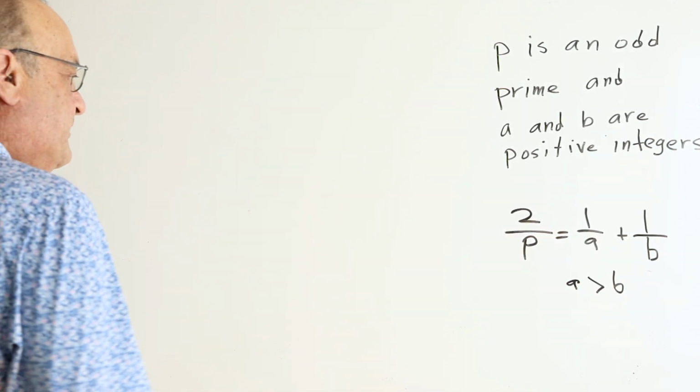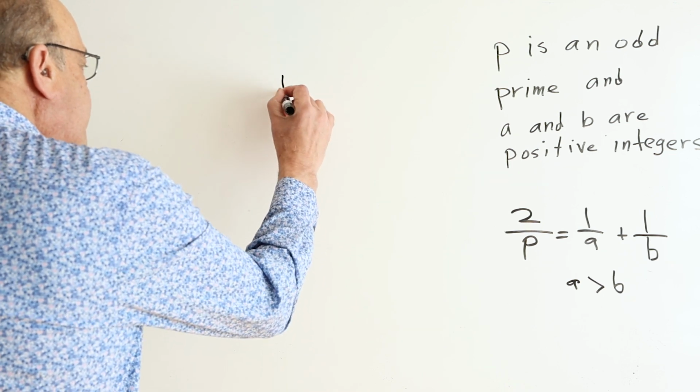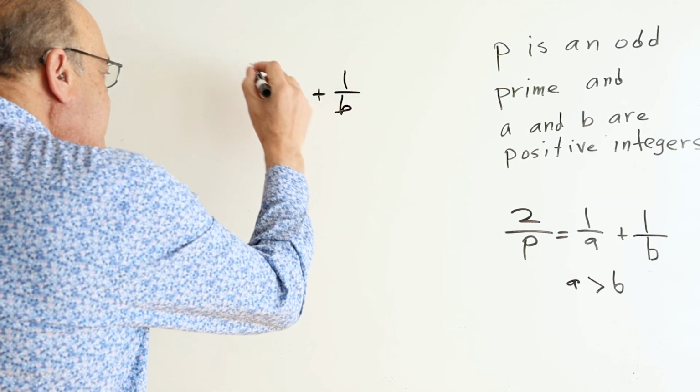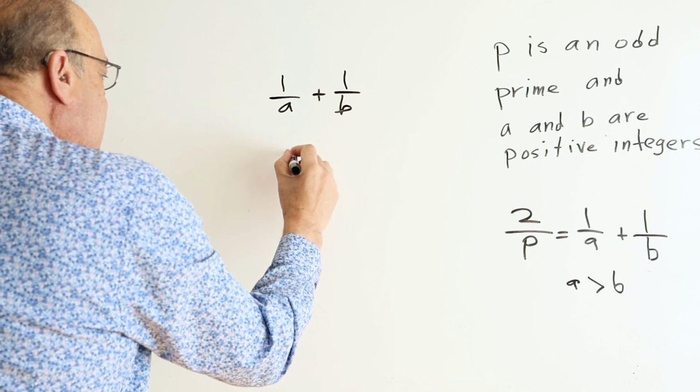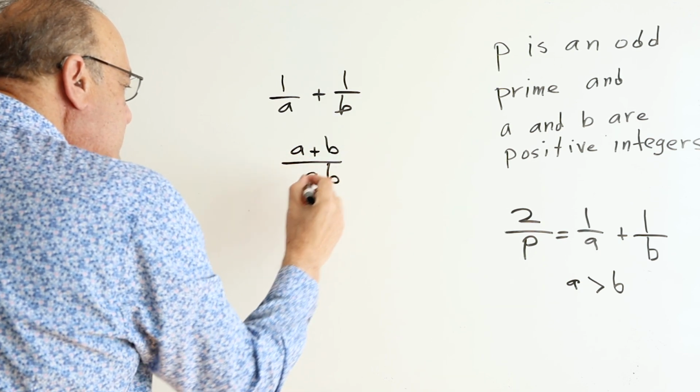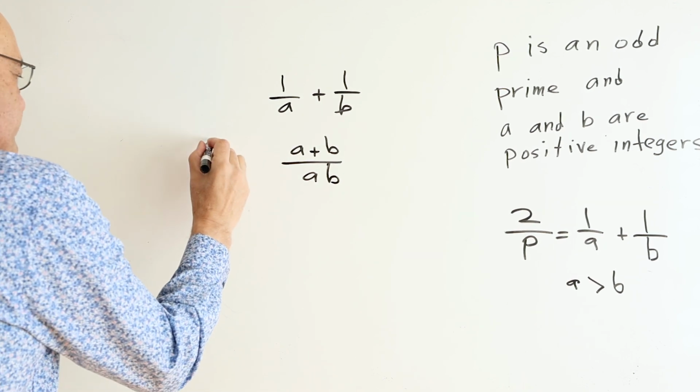If we write 1 over a plus 1 over b, we can change that to a plus b divided by ab. And we still have 2 over p.